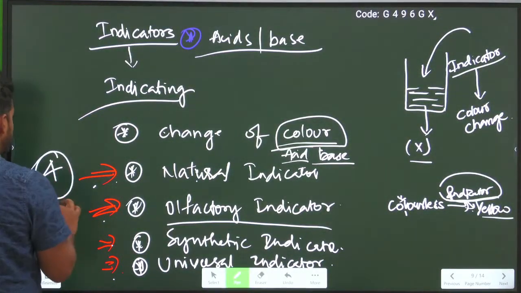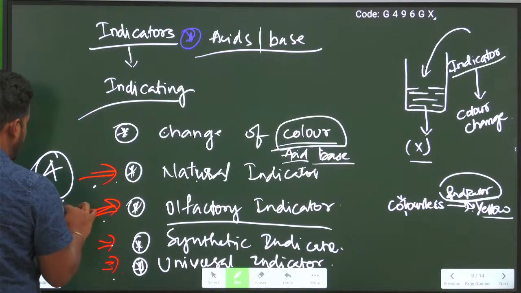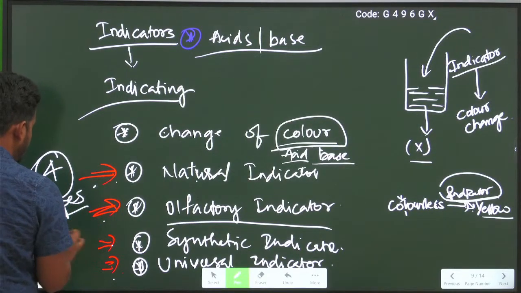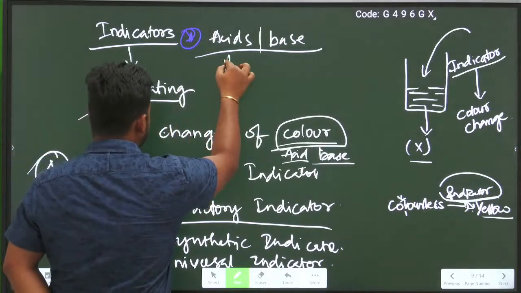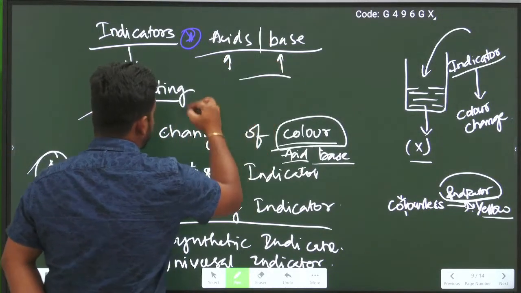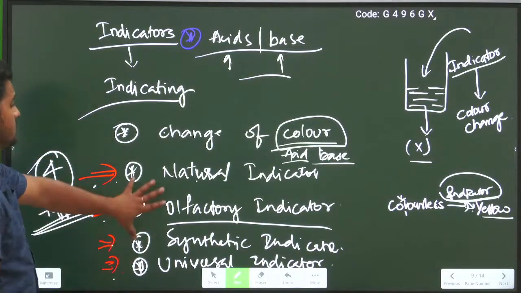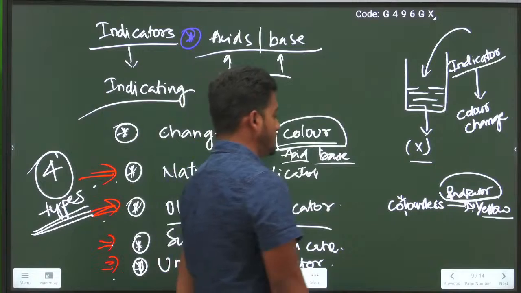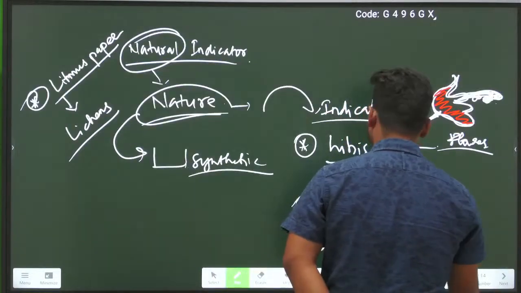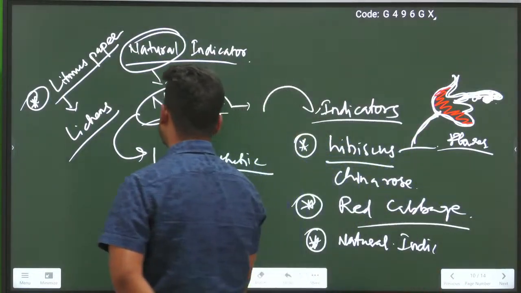They have their own mechanism and characteristics to indicate whether a substance is an acid or a base, or none of them.